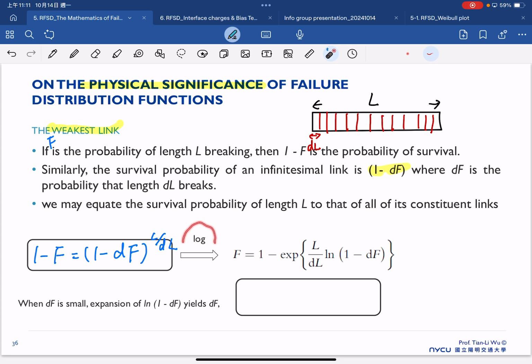Now if we take the log, we can come up with this equation as well. When dF is small, then the natural log of 1 minus dF is equal to minus dF. Therefore, F becomes 1 minus exponential of minus L dF over dl.